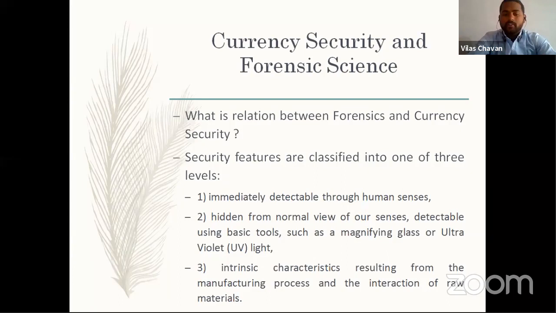So here the third level features often are inherited from the raw material and printing processes which are being used for the production of currency.